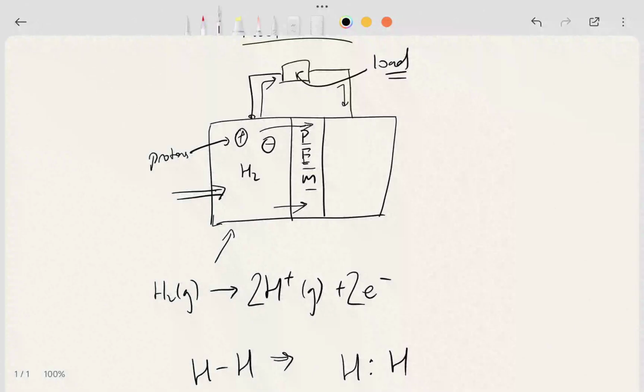And on the other side, what you have is a constant supply of oxygen gas. And what happens here is the protons and the electrons and oxygen atoms combine together, bam, and then what do you get? You get H2O, water.